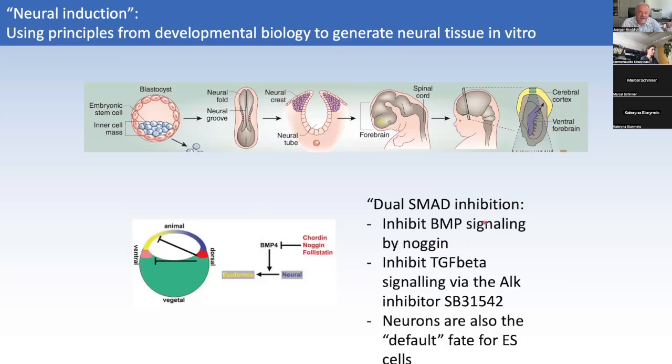And because both of these inhibit a signaling pathway that uses SMAD signaling, this is called the dual SMAD inhibition. And dual SMAD inhibition has been a classical way of deriving neural cell culture.